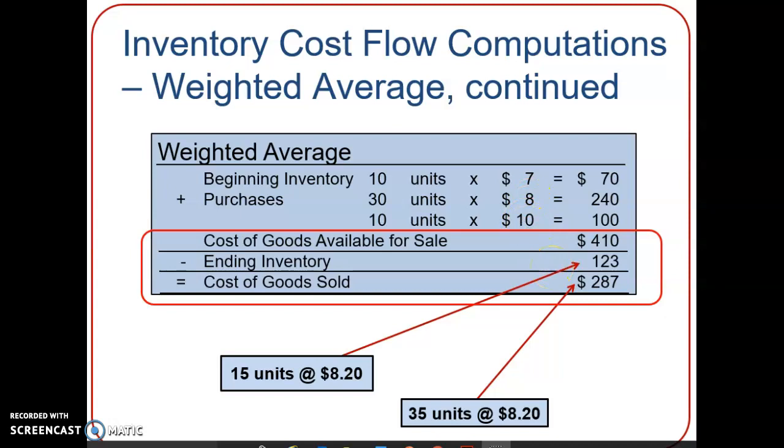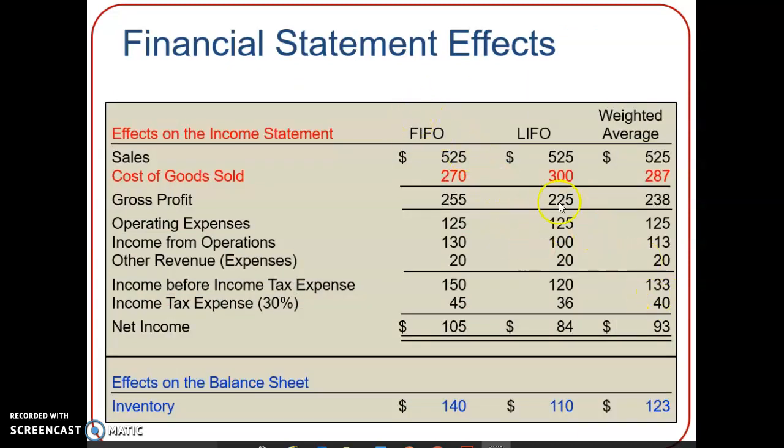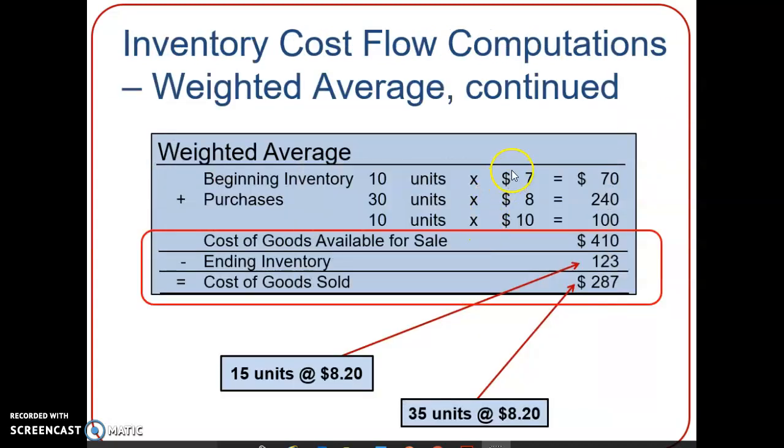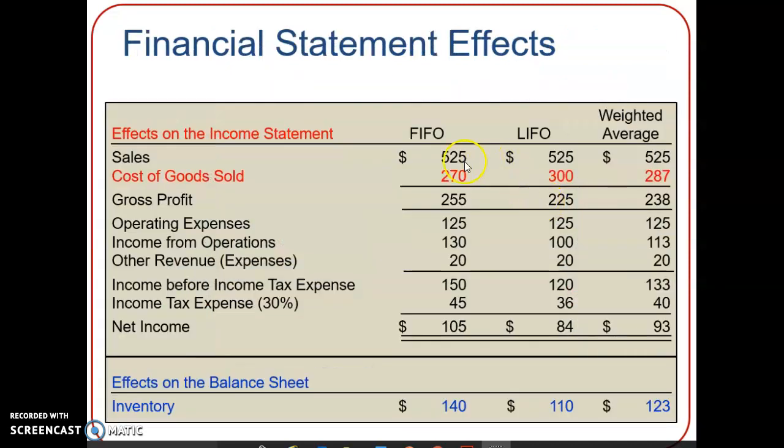So under the FIFO, the first in, first out, which means under the FIFO method, most of the units are coming from the oldest ones when the unit price was lower. As a result, the cost of goods sold was the smallest among the three. And then because the price was going up, the LIFO was the highest, and then the weighted average was in between.